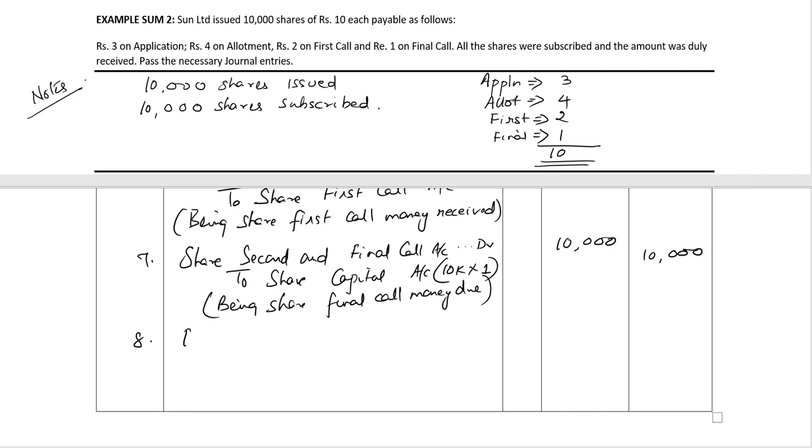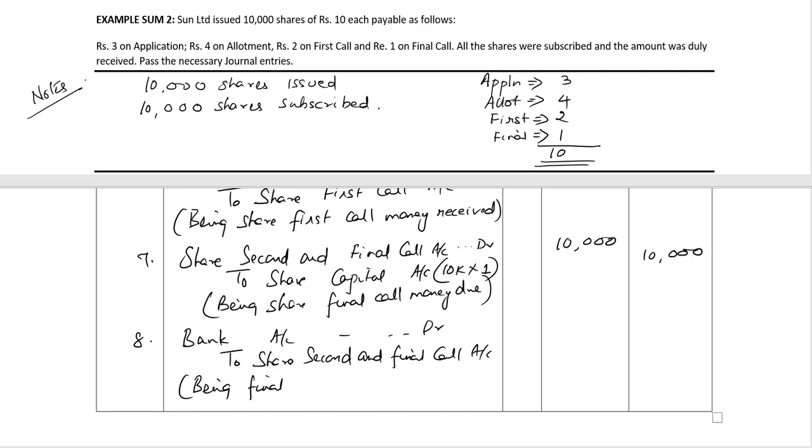And the last journal entry is for receipt of the final call. Bank account debit to share second and final call account. Narration: being final call money received. So the amount received against the final call is the amount due, which is 10,000.